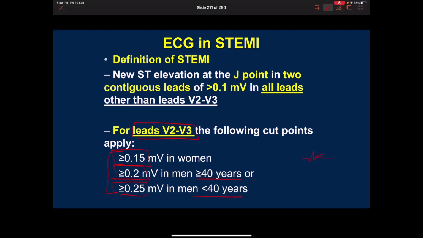But the reason that in V2 and V3 we need more than 1 square, it has to be 1.5 squares or more, is because even in a normal ECG, there is kind of an elevation. So you can't really say, oh, there's 1 square of elevation, this is an ST elevation. No, because in V2 and V3, even in normal ECGs, it has that elevation. That's why the criteria is 0.15 or more, not 0.1, okay?